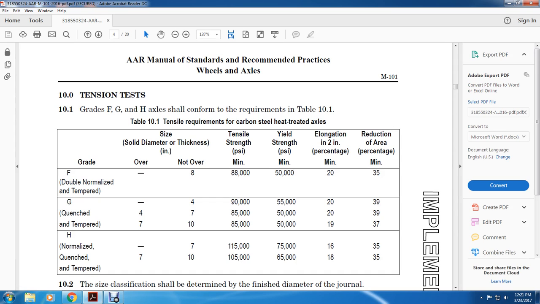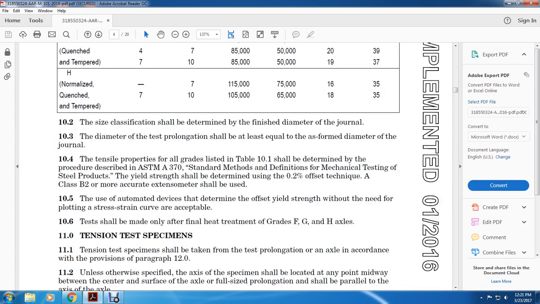Over 7 but not over 10, 105,000 tensile strength, 65,000 yield strength, 18% elongation in 2 inches, and 35% reduction of area.